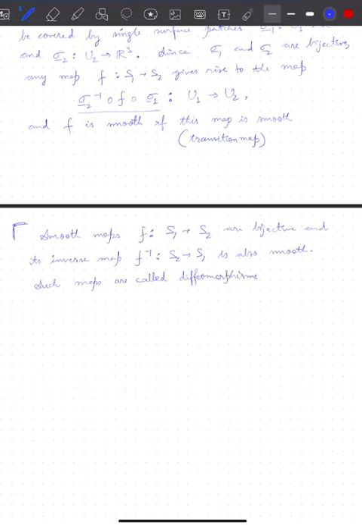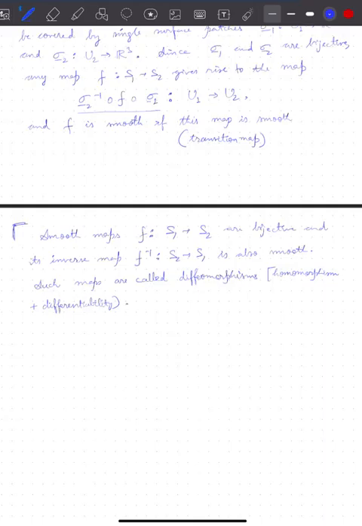And as we recall, diffeomorphisms are homeomorphisms plus differentiability, right?